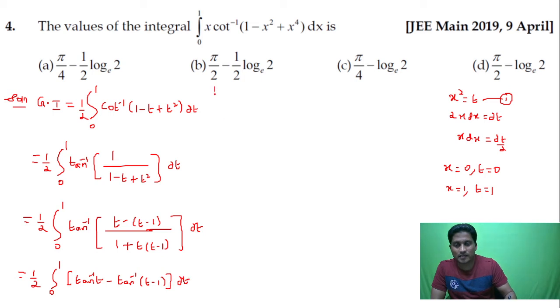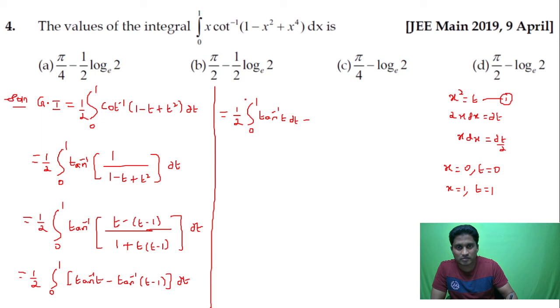Now I'm going to use the King's property for the second one. So this is equal to half of integration 0 to 1, this is tan inverse of t dt. If you open the bracket again, let me keep this in the bracket, and then you write this as 0 to 1, and you get tan inverse of t minus 1, and then this is dt.